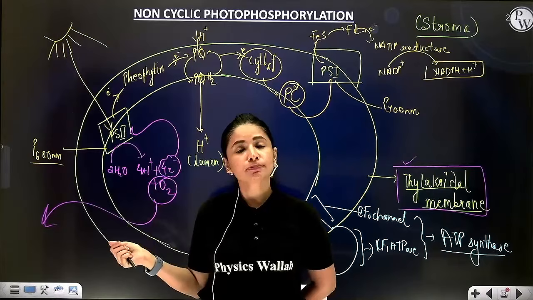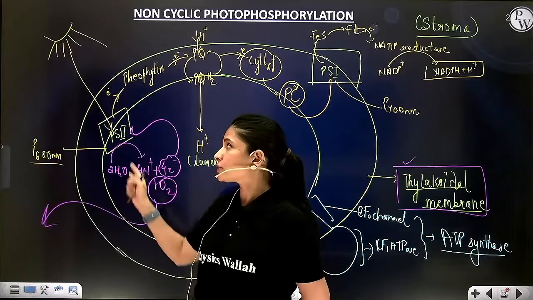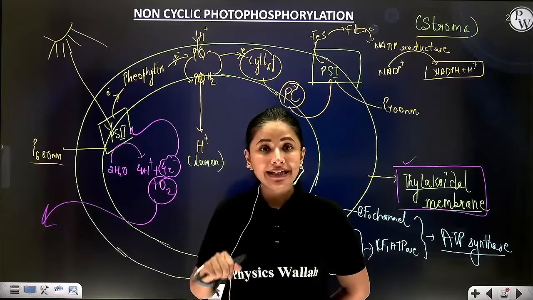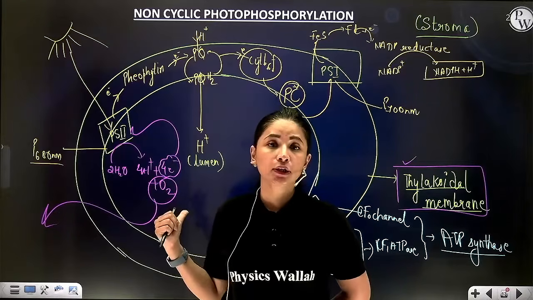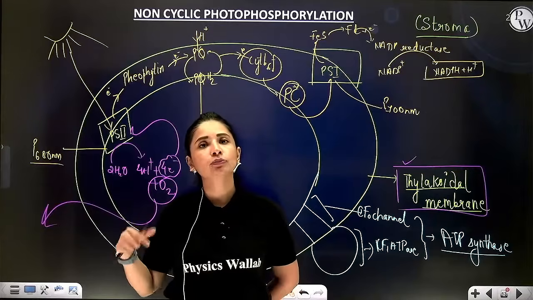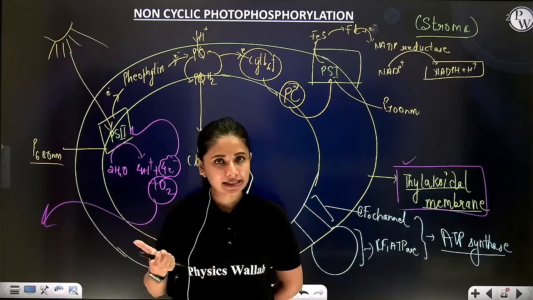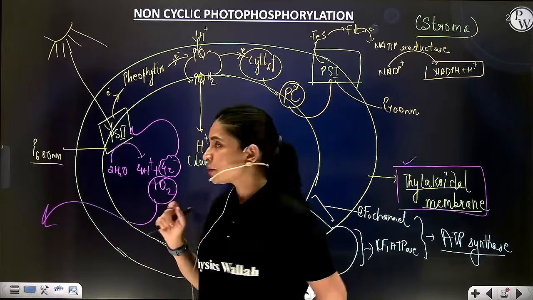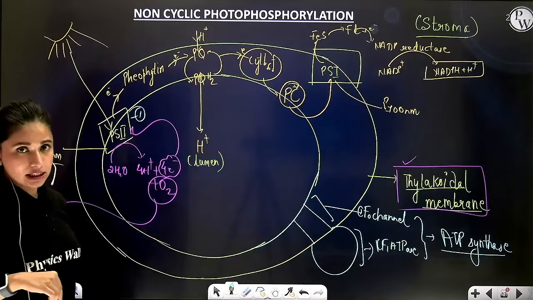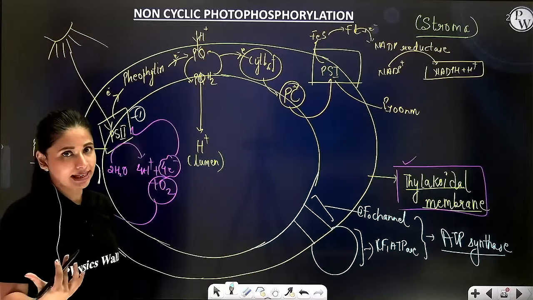So when water splitting takes place, in order to satisfy the electron requirement of PS2, it releases 4 protons in the lumen, because of which the concentration of protons in the lumen as compared to stroma rises, creating a gradient. So number 1 reason is this, water splitting on the luminal side.